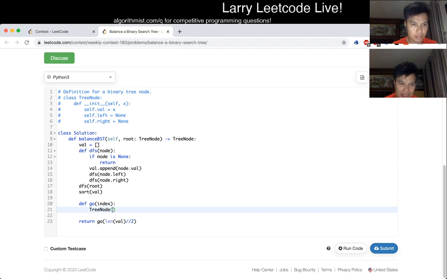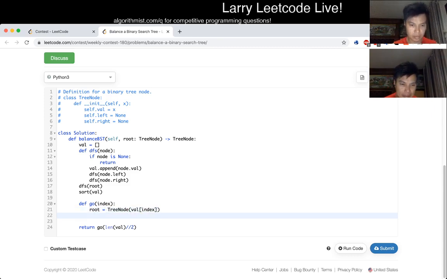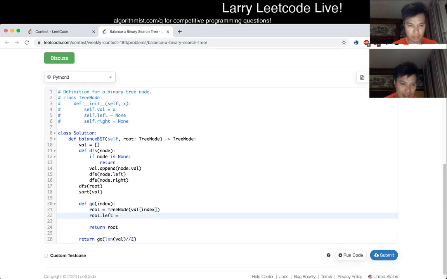I was trying to figure out what it means. Now construct the left and the right. And then I was like, okay, actually you need the left and the right.